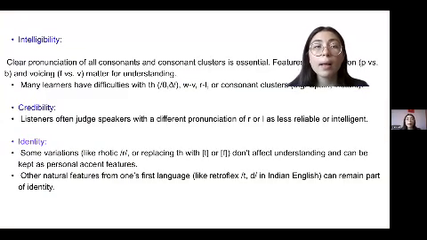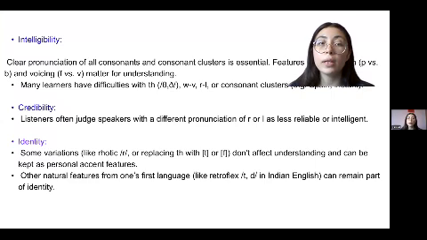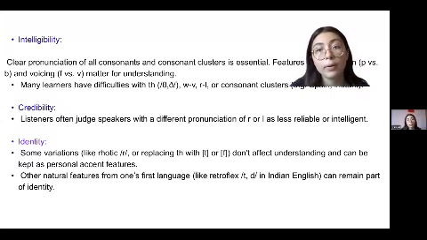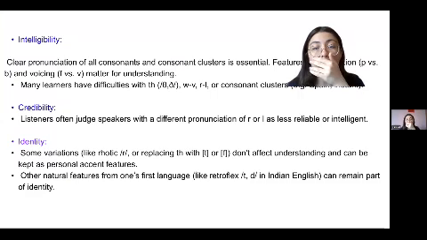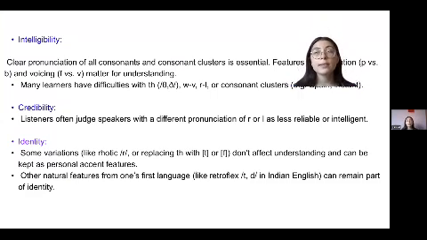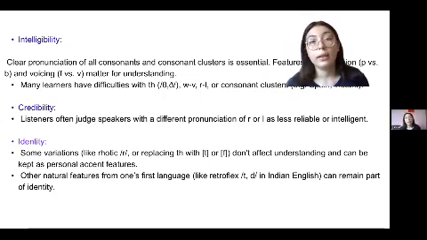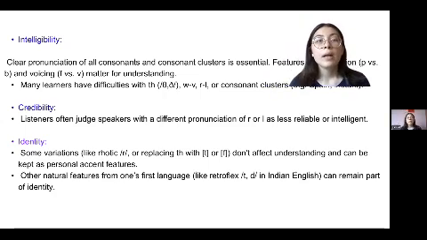Now we're going to talk about intelligibility, credibility, and identity. These are three important factors while speaking. Intelligibility is how we produce sounds of a language, actually. Clear pronunciation of all consonants and consonant clusters is essential.